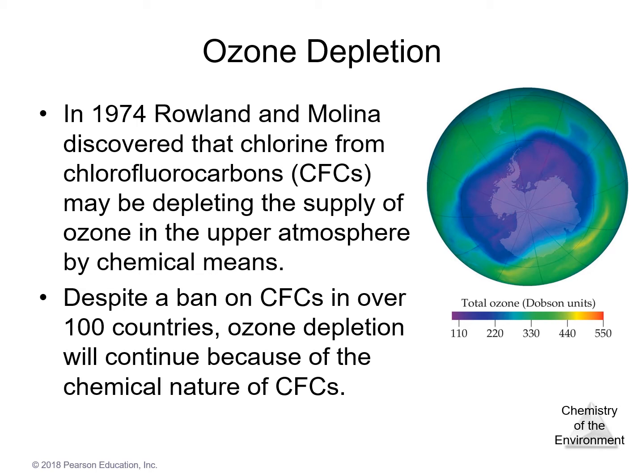It's going to keep doing it for a while because of the chemical nature of the CFCs. It already has hurt the ozone. A lot of countries have banned this, but the ozone damage has already been done. But like I said, right now, Mother Nature is taking the time to replenish itself.